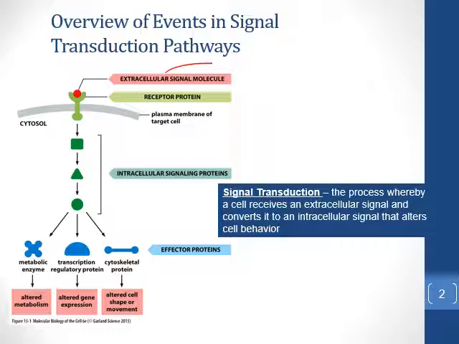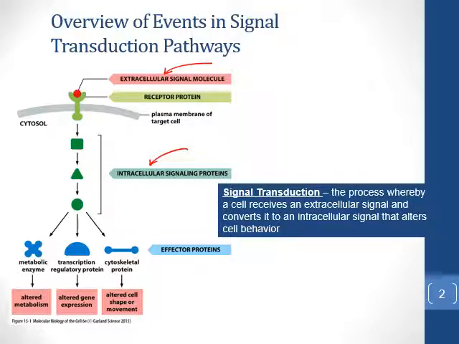But once the signal engages the receptor, then you're going to have a series of events that take place on the inside, in which some intracellular signaling molecules are going to be generated. So notice you've got an extracellular signal here on the outside, and here you have an intracellular signal. In other words, in most cases, the extracellular signal is not internalized and then serves as an internal signal. Rather, it engages a receptor, and that receptor induces the formation of some intracellular signals.